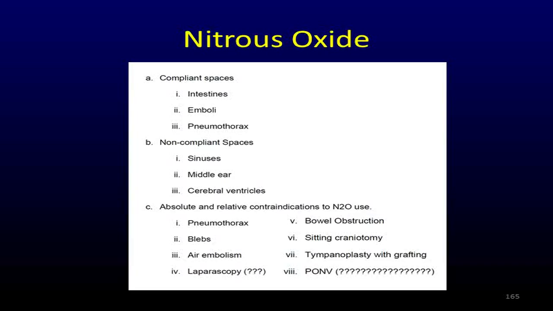It gets bigger. What do you fill it up with? Air. And nitrous is very diffusible, right? It'll go through plastic, it'll go through lots of things. So what happens to the pressure inside of your endotracheal tube cuff? It goes up. So you may have to release some of that pressure after a couple hours. So I think we get the point on nitrous oxide.